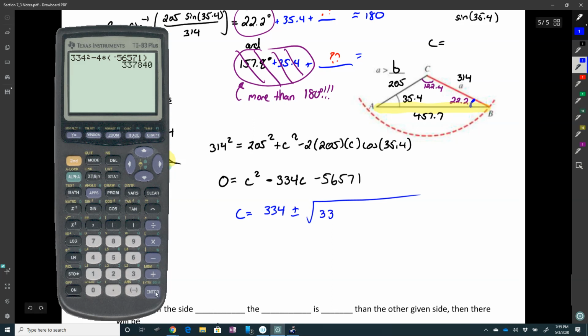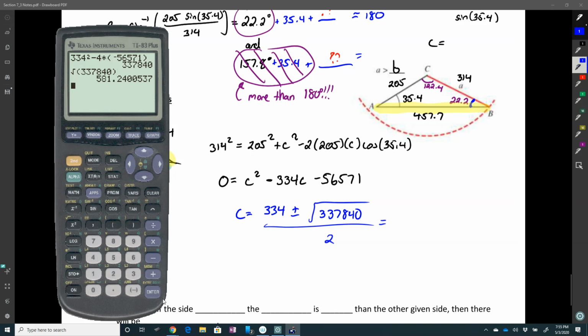So 337,840 over 2. The square root of 337,840 is 581 point something. So I'm just going to say 581. These numbers are huge. 334 plus or minus 581 over 2.